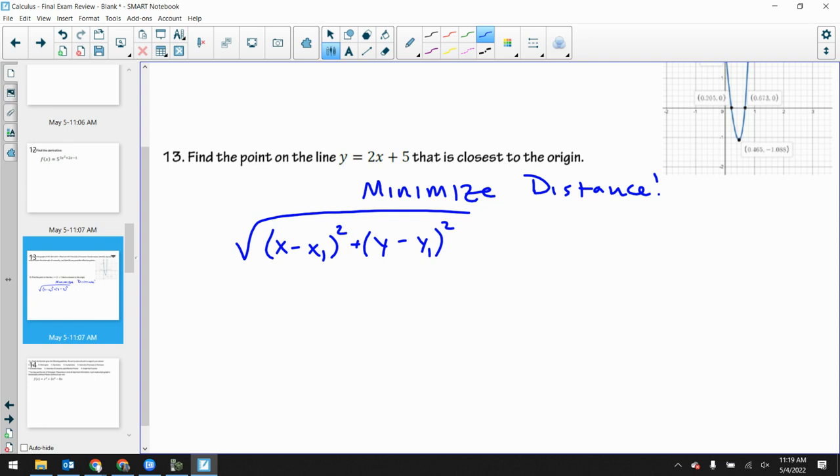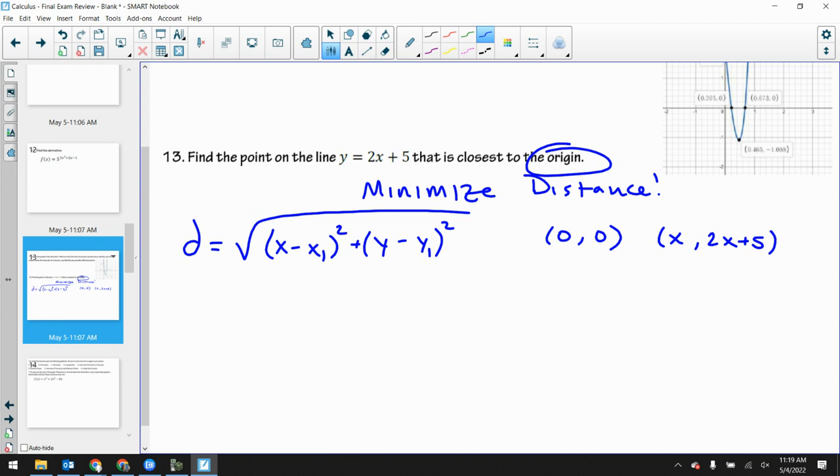I'm trying to find the minimum distance. Well, in this case, I know that one coordinate that I want to use is the origin, so (0, 0). The other coordinate that I want to use is (x, 2x plus 5).